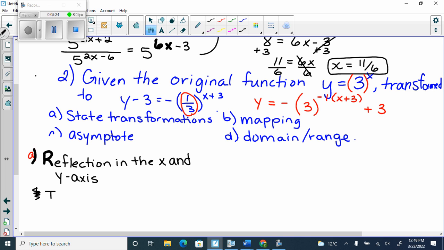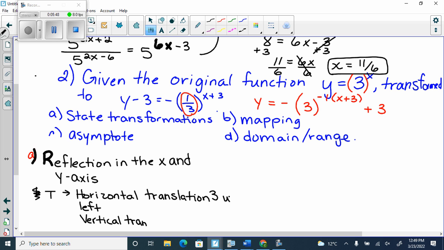Then T. You have horizontal translation. You can go horizontal or vertical first, it doesn't matter. Horizontal translation, 3 left. And a vertical translation, I should say 3 units.